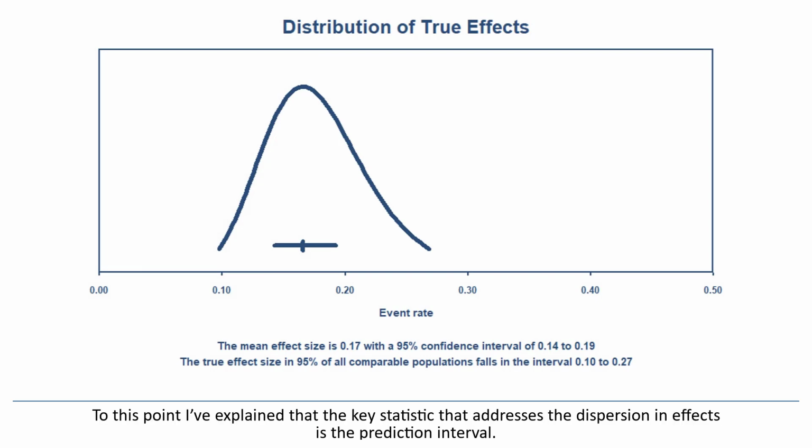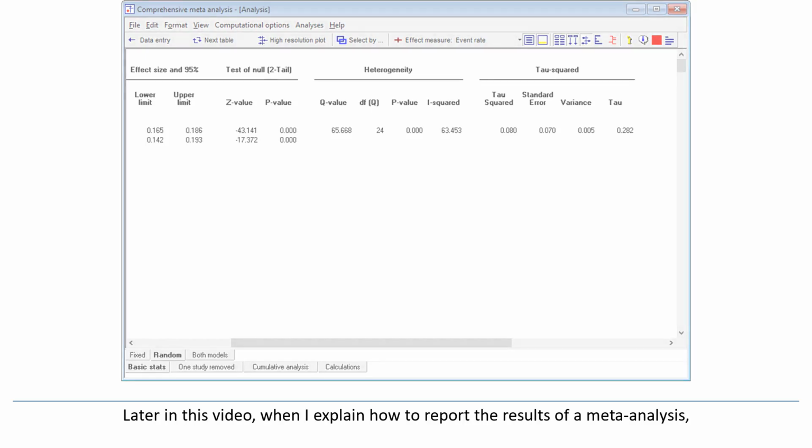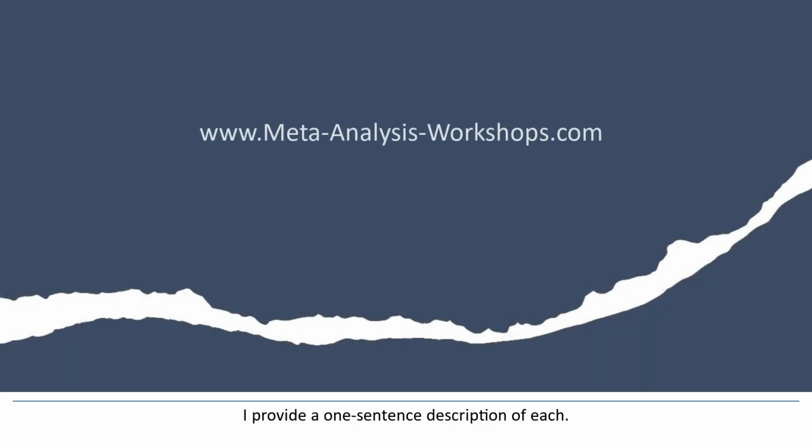To this point, I've explained that the key statistic that addresses the dispersion in effects is the prediction interval. What about the other statistics? What do the p-value, I-squared, and tau squared tell us? Later in this video, when I explain how to report the results of a meta-analysis, I provide a 1-sentence description of each. However, to actually explain what each of these tells us is really a separate lecture.